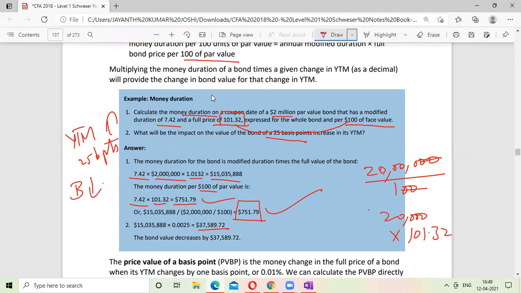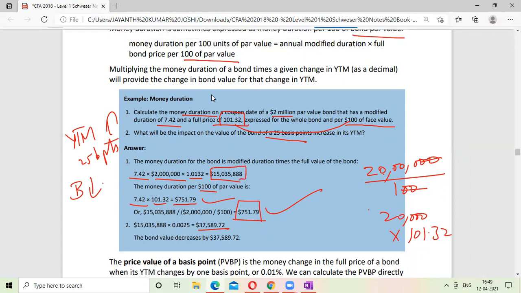So let's take the total value of the money duration that we found out, times the basis points, and that will give you the bond value decrease in dollars. Please go through this. You can ask me if you have any doubts.